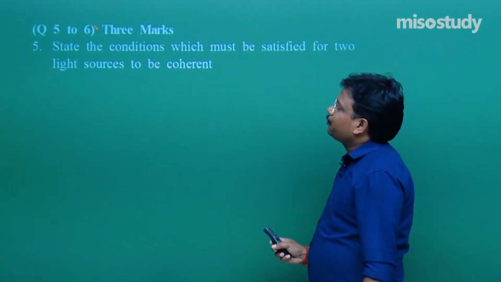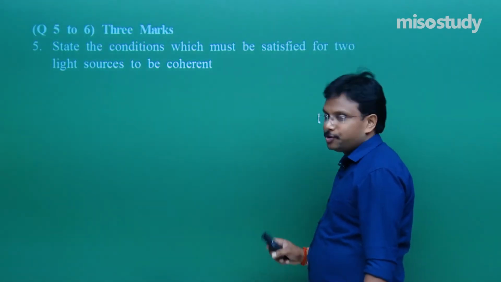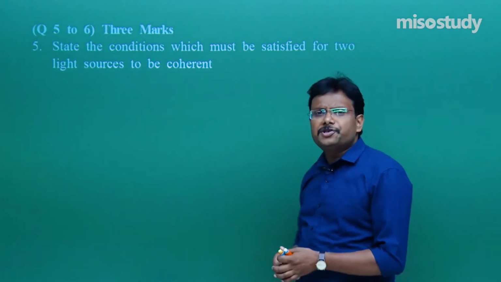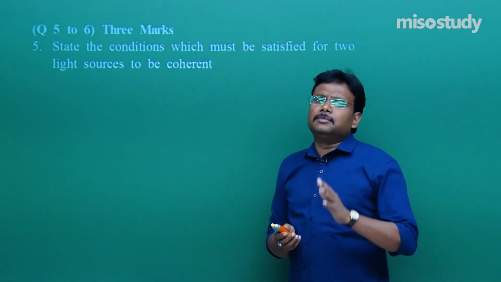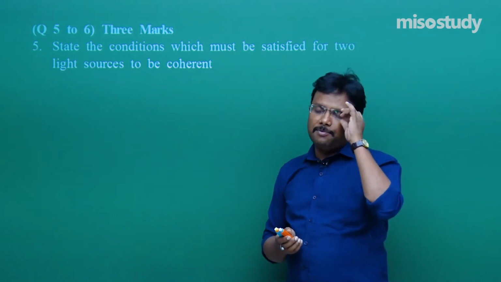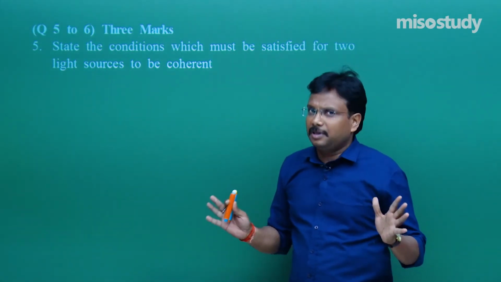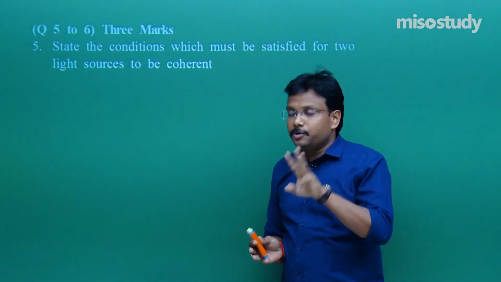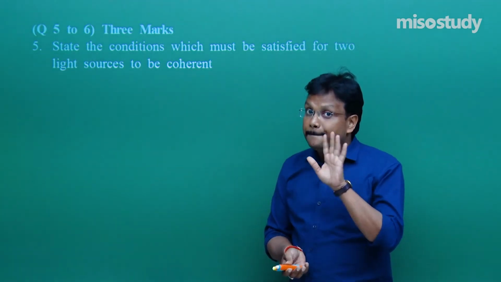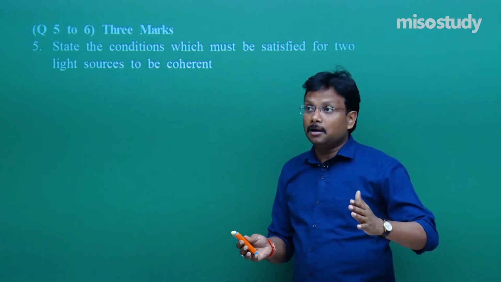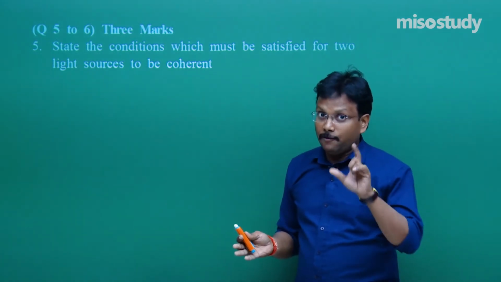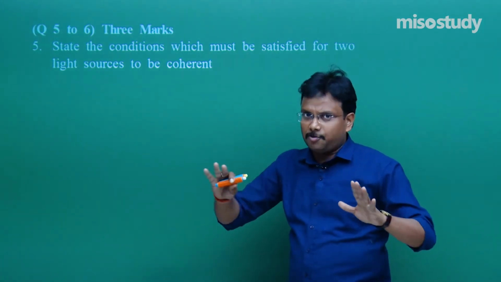Question number 5 to 6, these are 3 marks questions. Now, in 3 marks questions, sometimes you may get some numericals, sometimes some diagrams, some small derivations, something like that. But for 3 marks questions, your answer should be balanced. It should be around a page or so, A4 size sheet. Fine, I mean proper explanation.